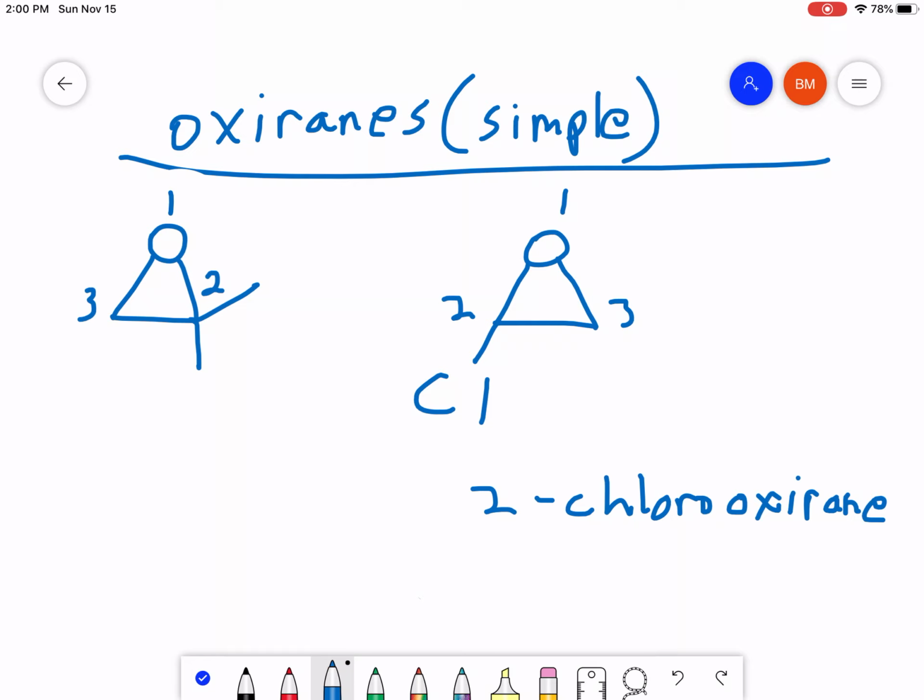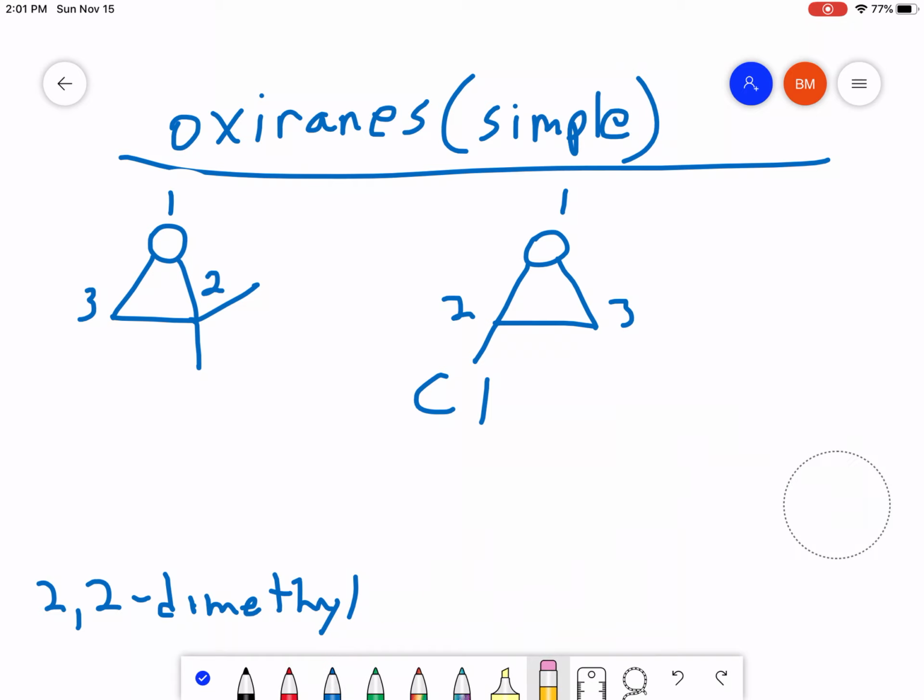So this one would be 2,2-dimethyl oxirane. Okay. So yeah, this works well for simple epoxides. If you get much more complex than this, then you're probably going to want to stick to the epoxy alkane method.